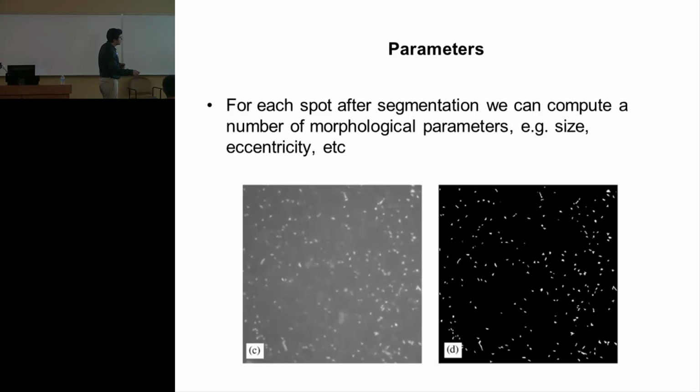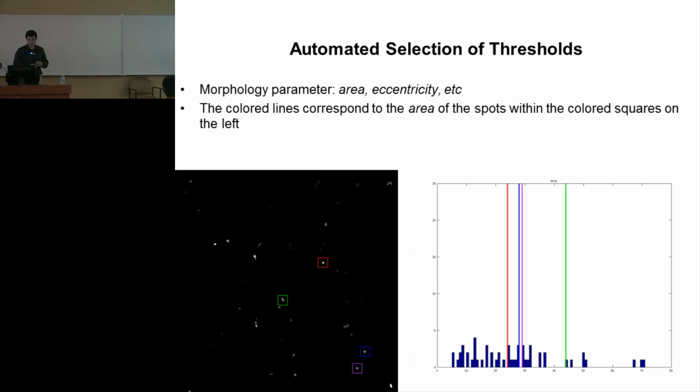After denoising, we have only the spots with bright intensity, the clusters. And I've been looking into computing some morphologies, size and eccentricity, of these areas in order to be able to guess or to identify the spots representing tumor cells.